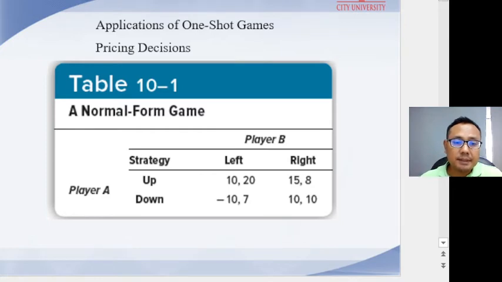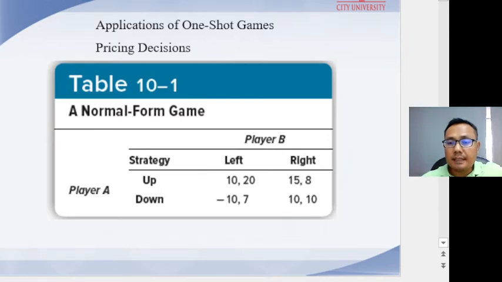Finally, the payoffs to the two players are given by the entries in each cell of the matrix. The first entry refers to the payoff to player A, and the second entry denotes the payoff to player B. An important thing to notice about the description of a game is that the payoff to player A crucially depends on the strategy player B chooses.